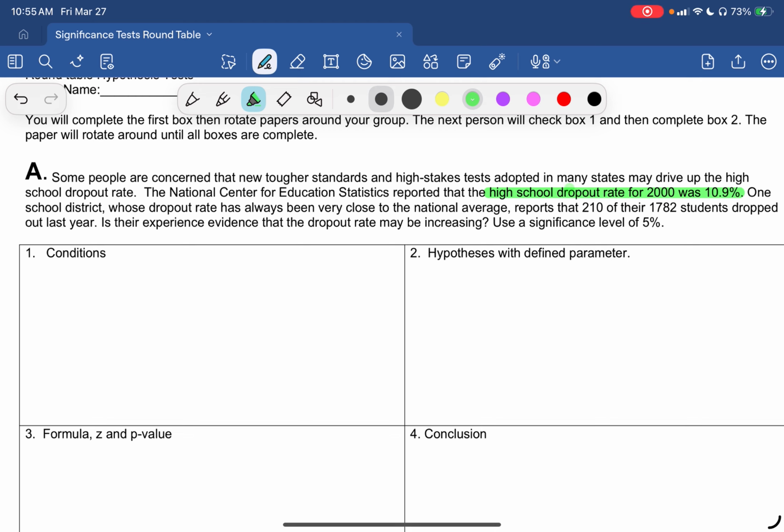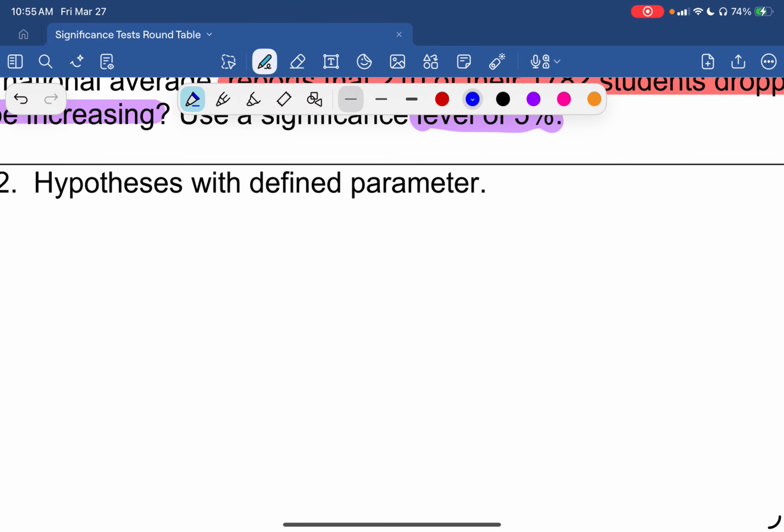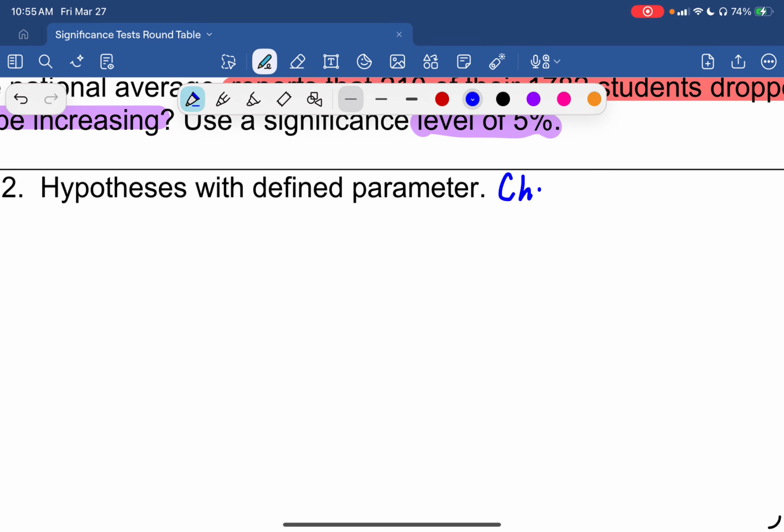One school district, whose dropout rate has been very close to the national average, reports that 210 out of the 1,782 students dropped out last year. And then you'll see the question: is there evidence that the dropout rate may be increasing? Use a 5% level of significance.